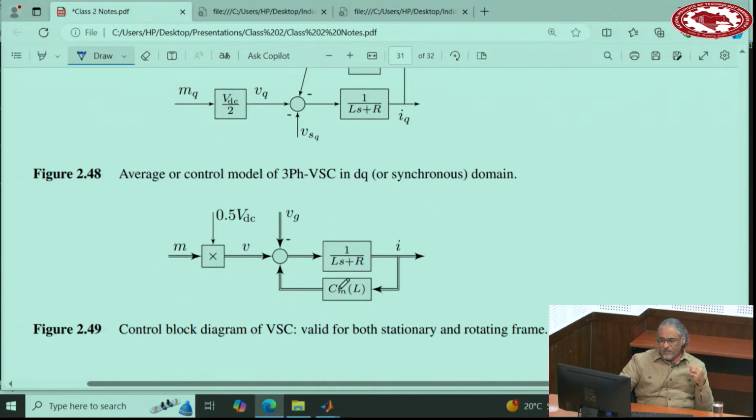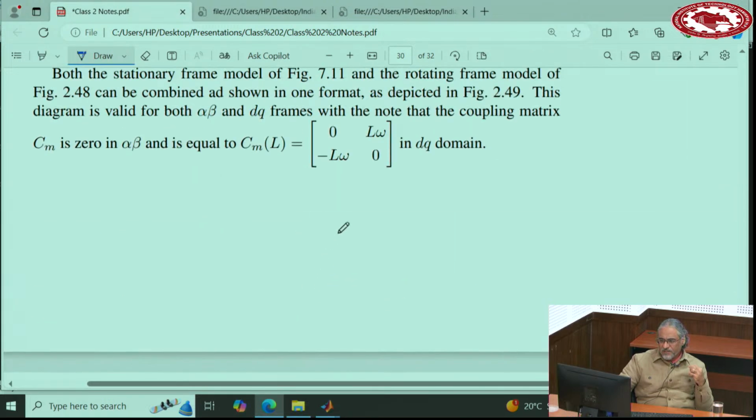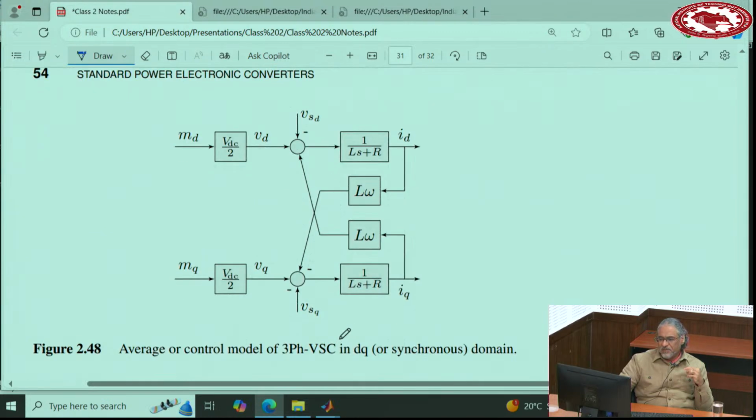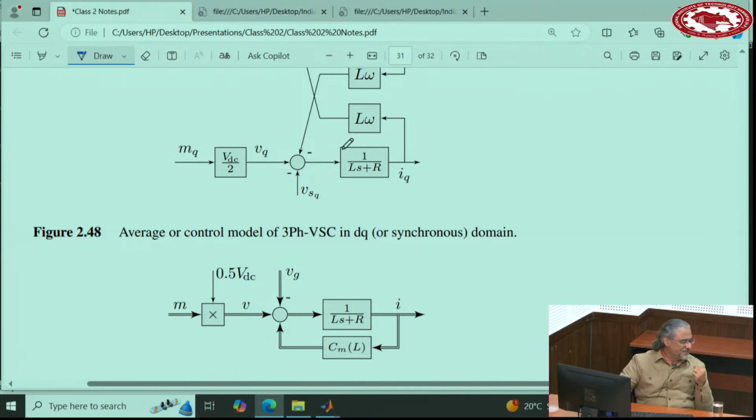And this CM is a matrix, which is this one. So you will see this is the same as this one. If you just ignore CM, make it 0, that becomes alpha beta. If you put CM equal to this one, it becomes DQ. So in one representation, you can analyze and model both alpha beta and DQ.